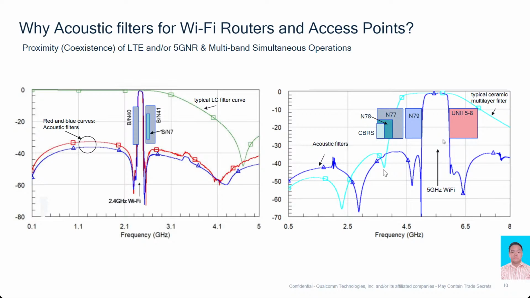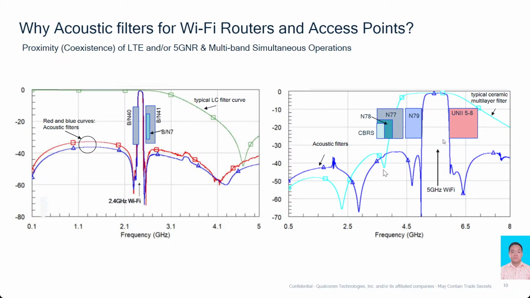On the right side, we're talking about the coexistence mainly at the 5G frequencies, let's call it the higher bands, the sub-6 gigahertz bands, and 77, 79, which N79, as you can see from the picture, is basically right on top of the low side of your 5 gigahertz Wi-Fi signal.